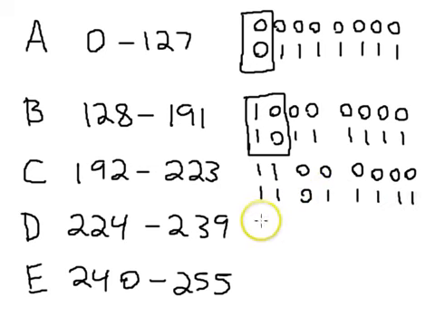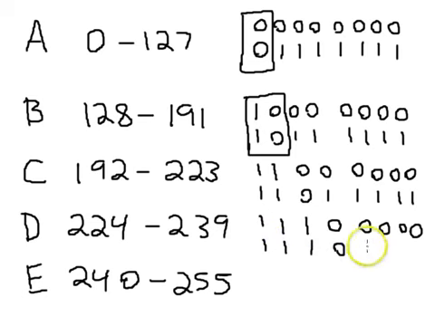Class D is 1, 1, 1, 0 followed by zeros, and the last one, 239, is 1, 1, 1, 0, 1, 1, 1, 1.